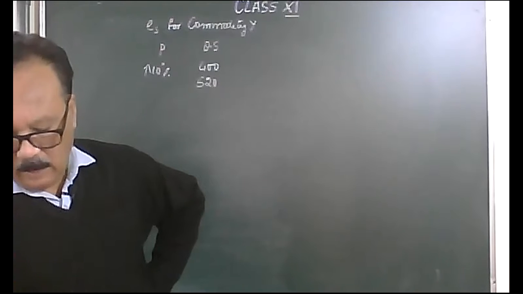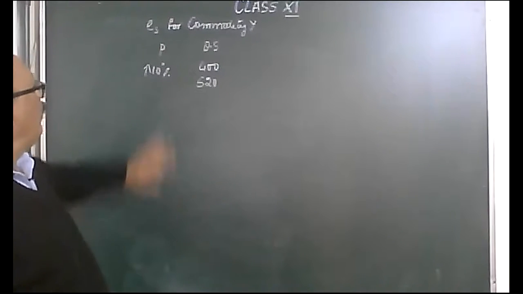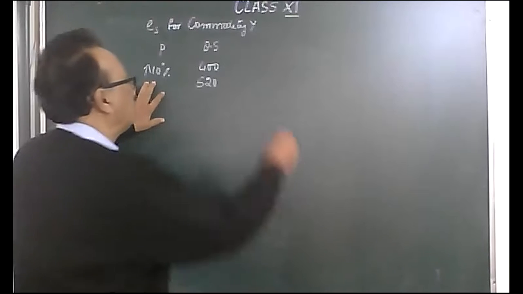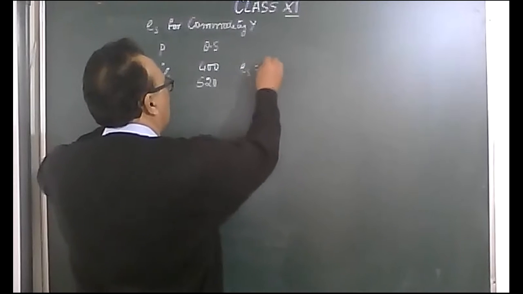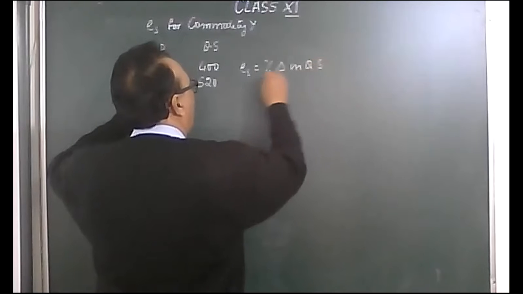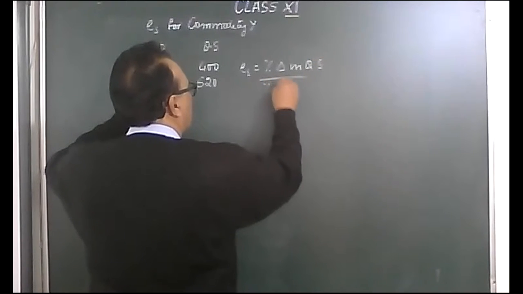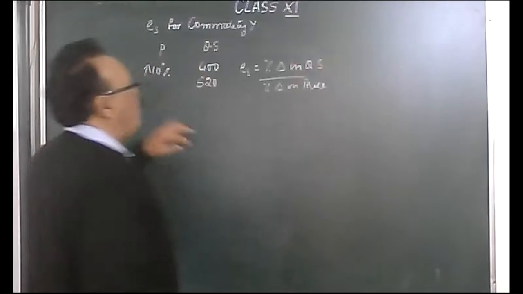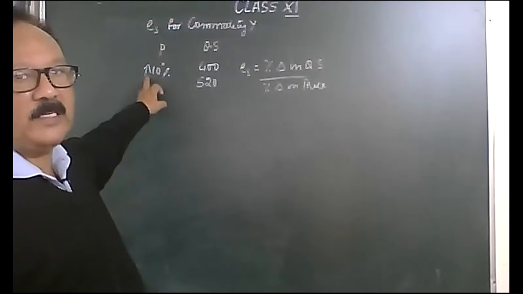Now we already know one is given in percentage, so we use the percentage method. What does it say? ES is equal to percentage change in quantity supplied upon percentage change in price. We already have percentage change in price as 10.